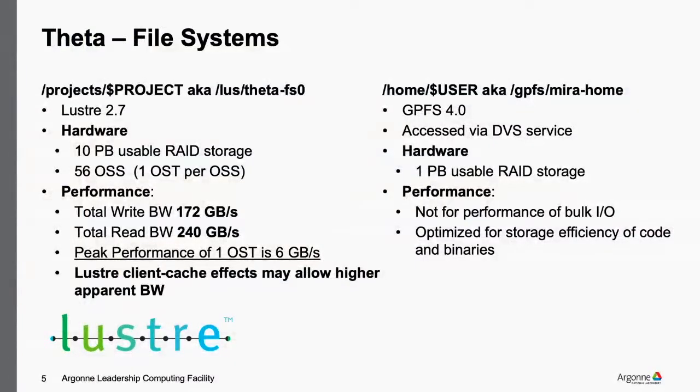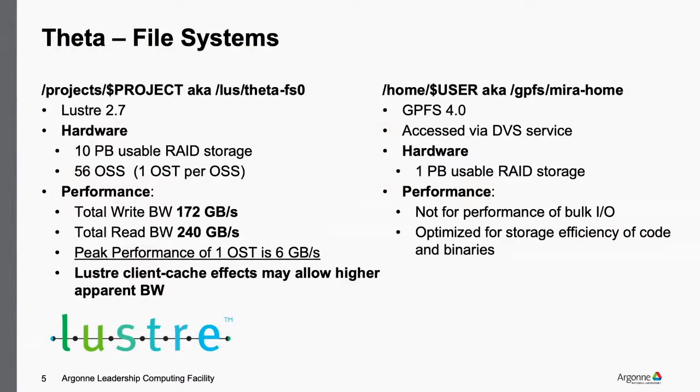This is also accessed through a similar method, but it's Cray's data virtualization service. So they're also going through the I/O nodes, but they work slightly different. We do not have the GPFS client running on the compute node. So various operations are going to be punished more because they're going to have to go all the way back to the GPFS server or the client that's running on the service node.